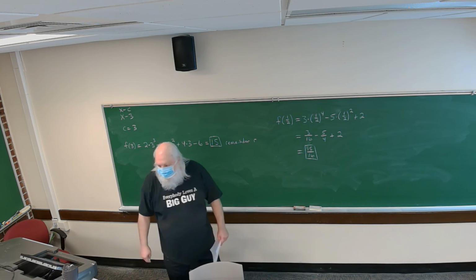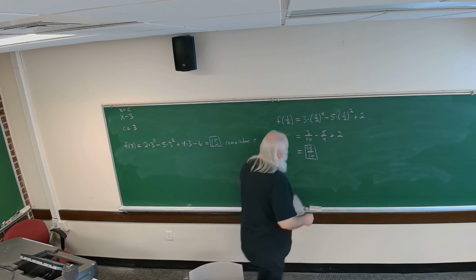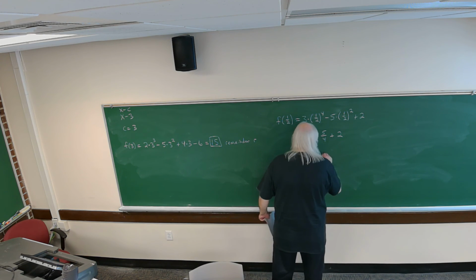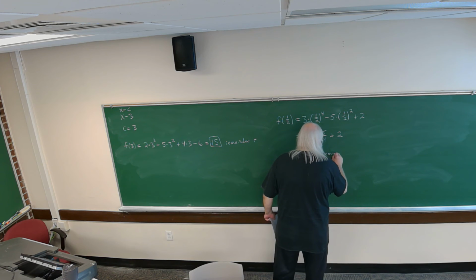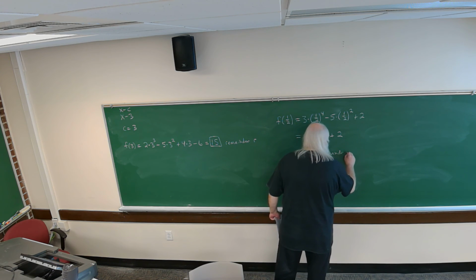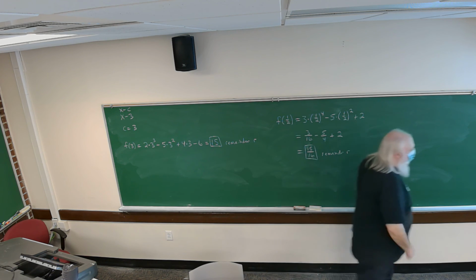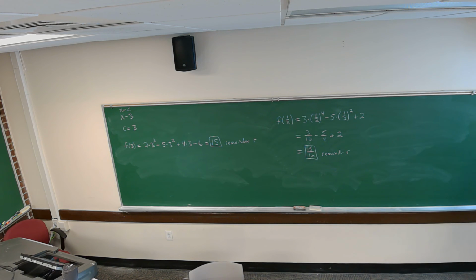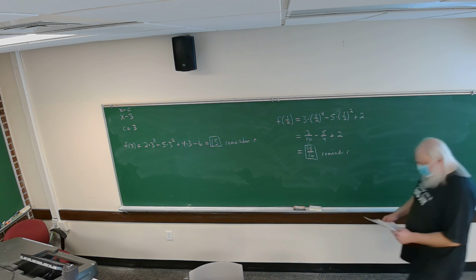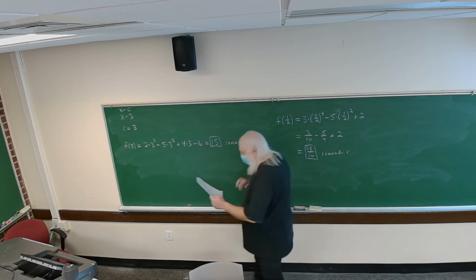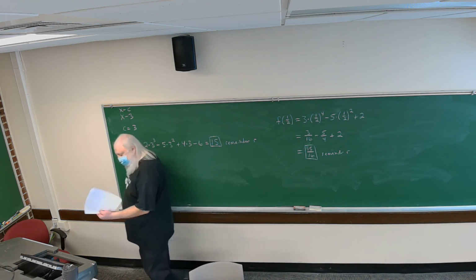If you get something different, let me know. So this is the remainder R that you would get if you divided this function using long division by x minus 1/2. All right, any questions on that?